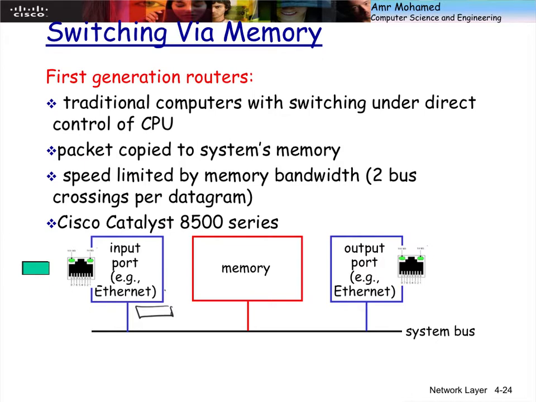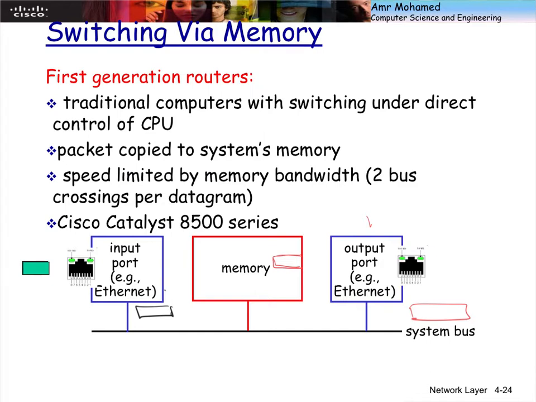So the packet needs to go here, right? The way this is done on the shared memory is that in order to forward or switch a packet to a specific output port, there is a shared memory location for this particular output port. So the memory itself is divided into certain locations for each output port.